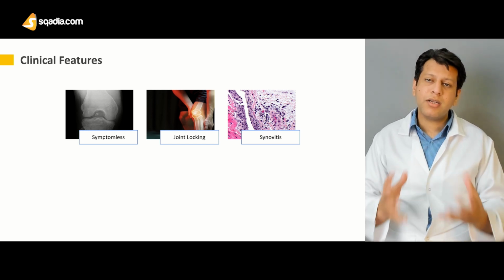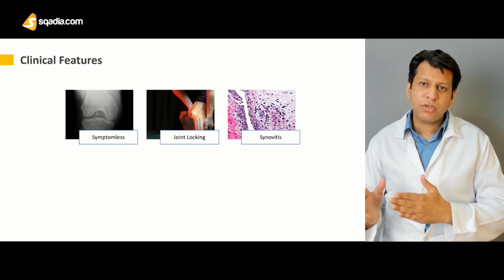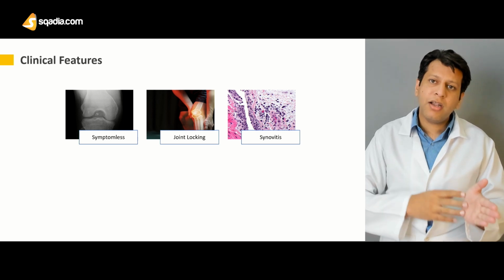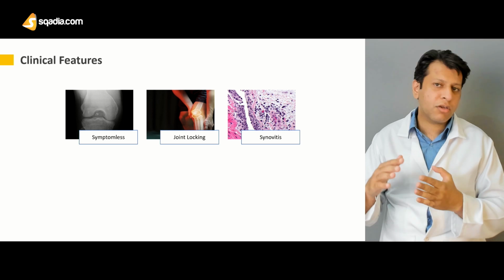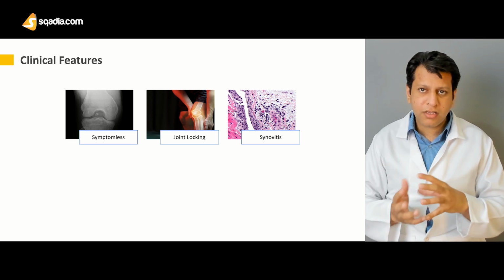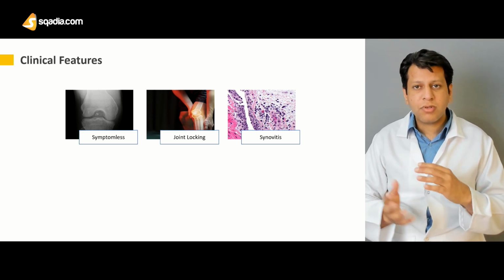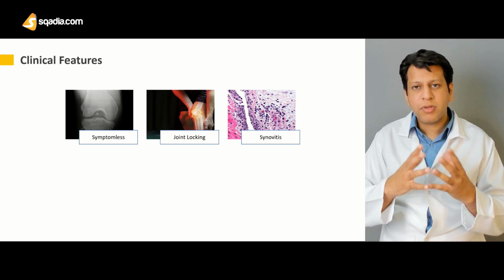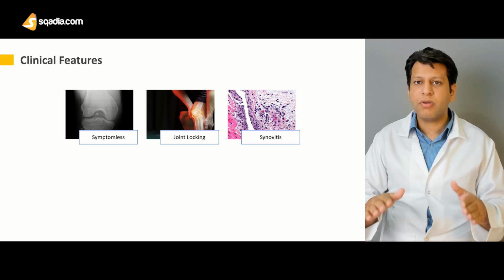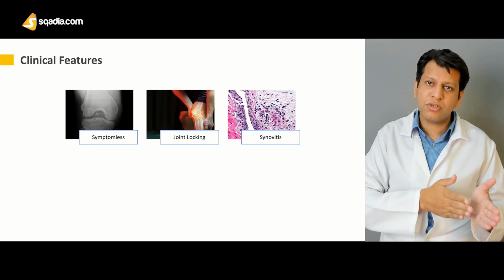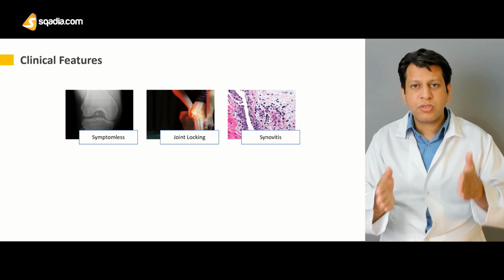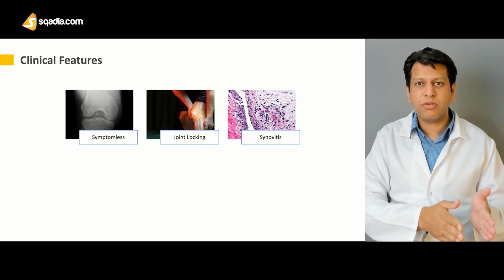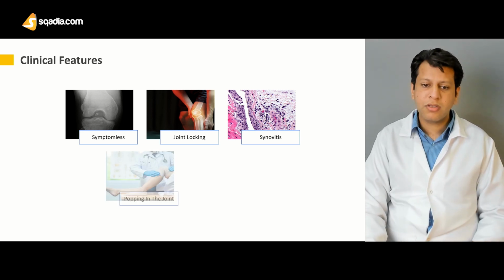So synovial chondromatosis may produce loose bodies, and loose bodies may eventually lead to further synovial chondromatosis. This is a cycle which can repeat itself, and sometimes it's very difficult, despite a detailed history, to differentiate whether the loose bodies are due to synovial chondromatosis or some other cause.